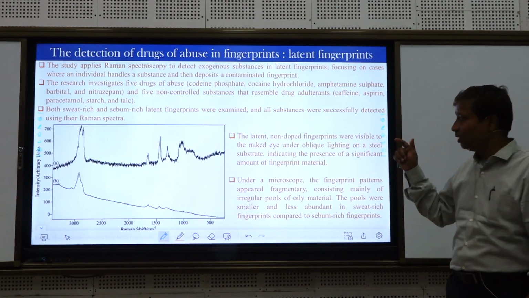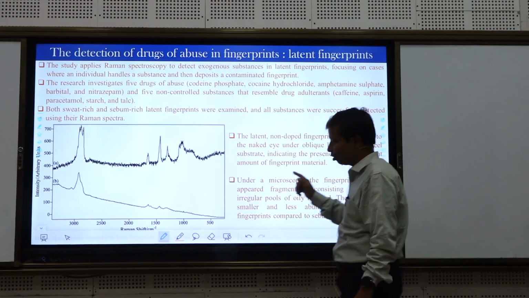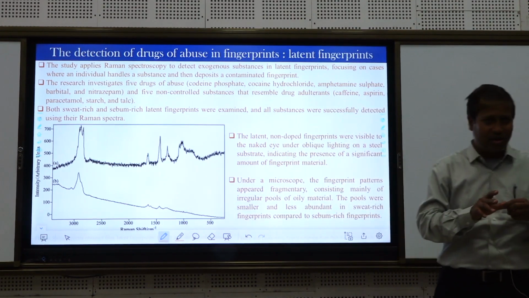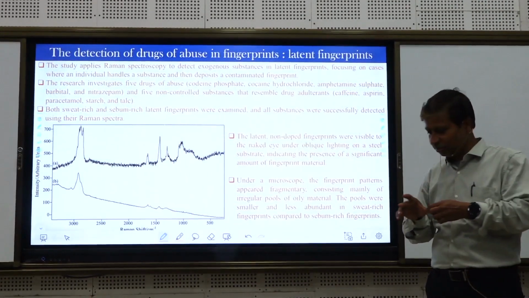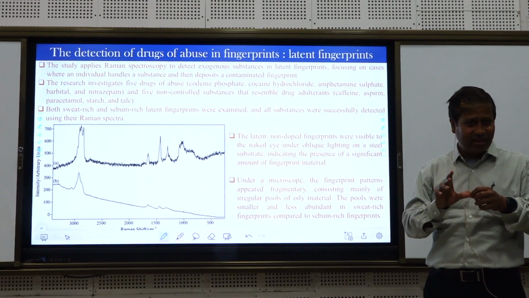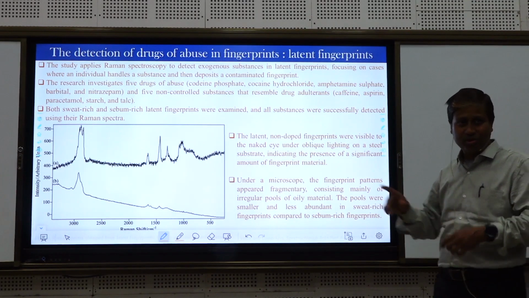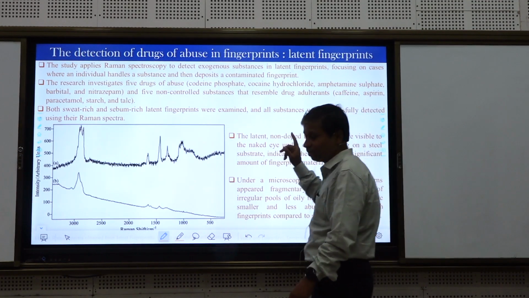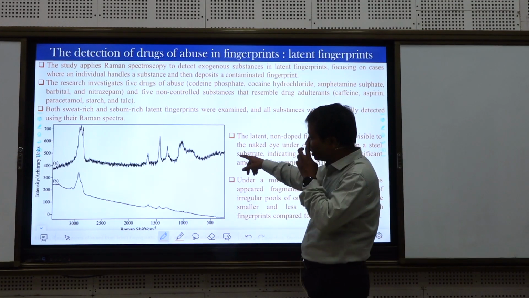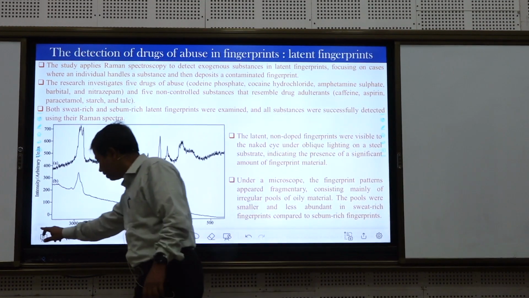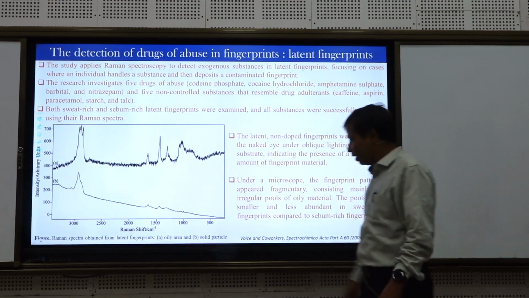From that fingerprint, taking the information whether there is a drug or not. So the main problem with this is that with a fingerprint, you have oil, you have dry cells, as well as some proteins. From there, you have to find out the signature of the drug molecule. This can be done in a very efficient way using Raman spectroscopy.